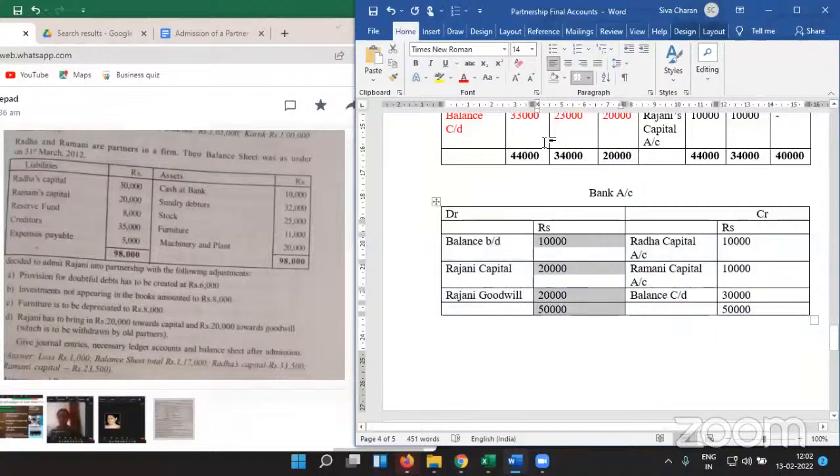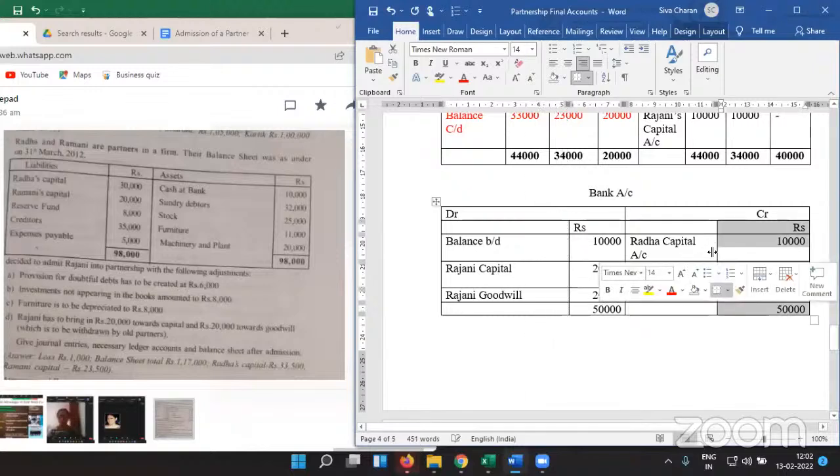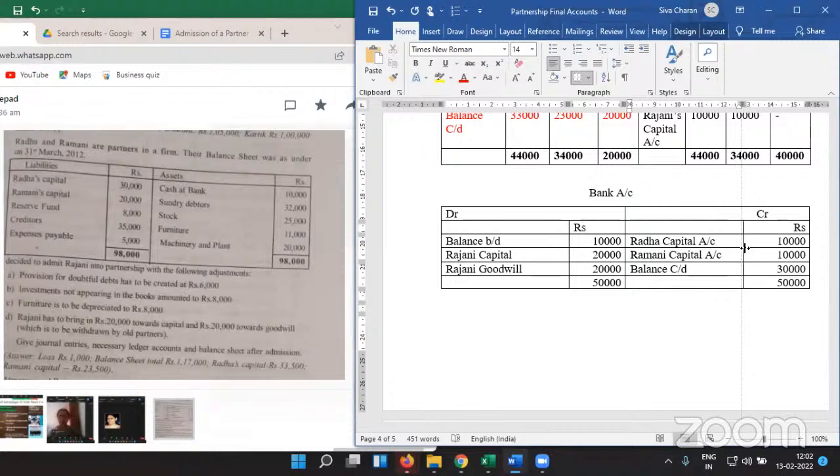Alright, done. So this bank balance which you got, you are supposed to show in the balance sheet. These are the totals.